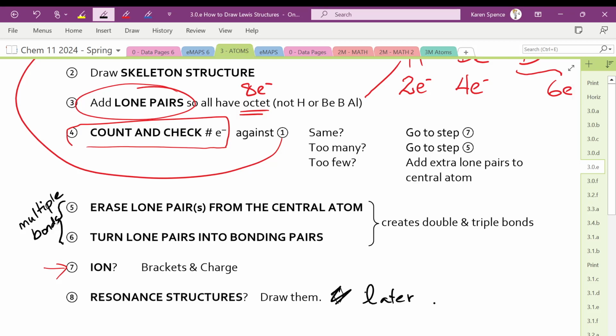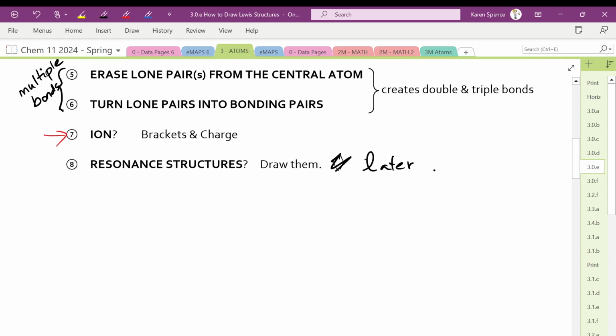There's some pro tips. Never, ever double bond an H or an F. Never have unpaired electrons. So you never, ever want to see that in your final structure. Okay? You should never have hydrogen double bonded.